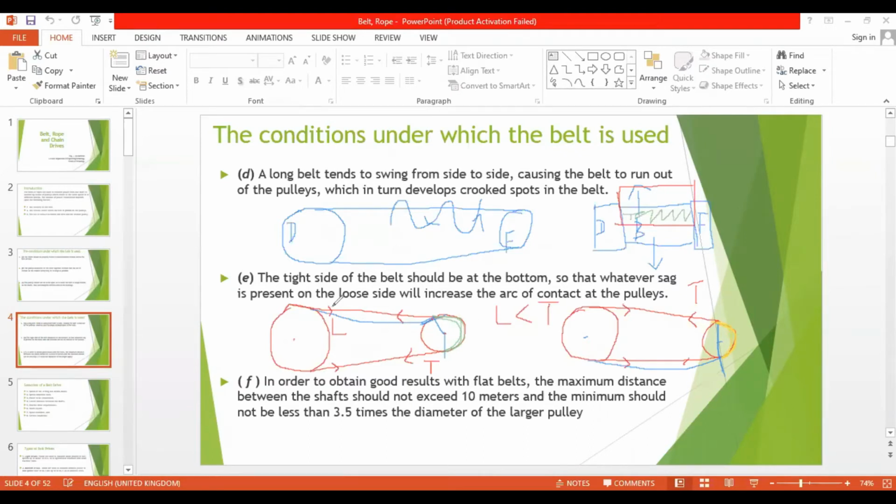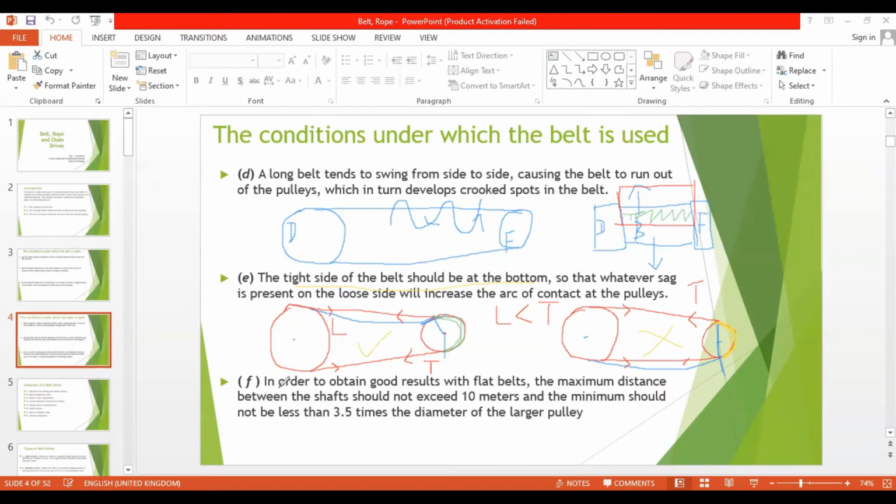That's why the tight side of the belt should be at the bottom and the loose side should be on the top. It should not be like this. The sag present in the loose side will increase the arc of contact. So in order to improve the power transmission, we need to increase the arc of contact.